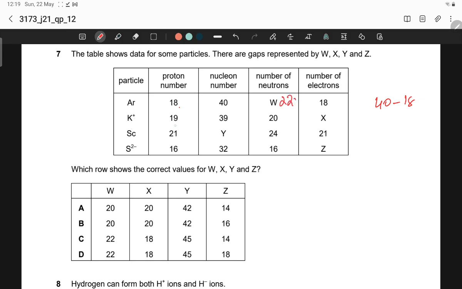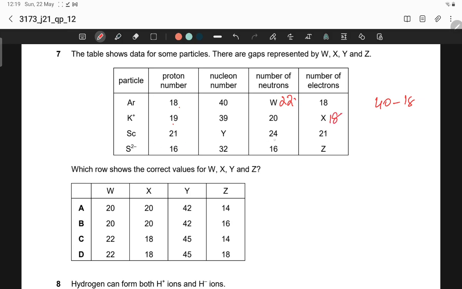K positive 19, 39 is the nucleon number, 20 is the number of neutrons, and X is the number of electrons. Because the number of protons is 19 and potassium has positive charge 1, potassium loses 1 electron, so the number of electrons will be 18.